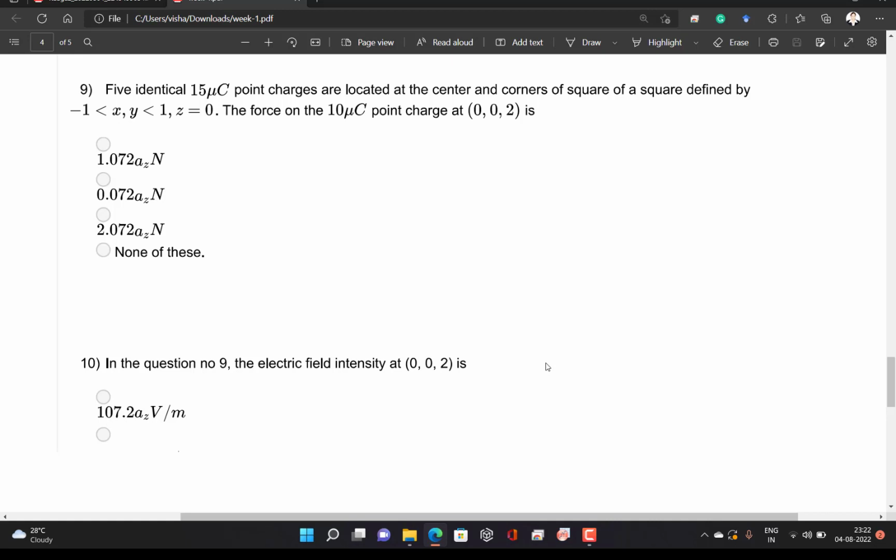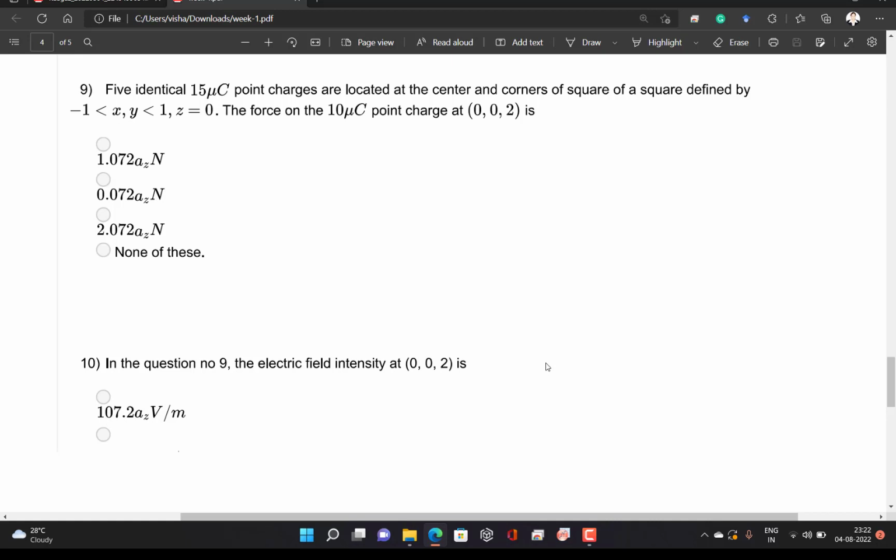Alright, so here a square is defined where x and y are between -1 and 1, and 5 identical point charges are given at the corners of the square and one at the origin. It's asked what the force on the 10 microcoulomb point charge will be. It's a pretty simple question.